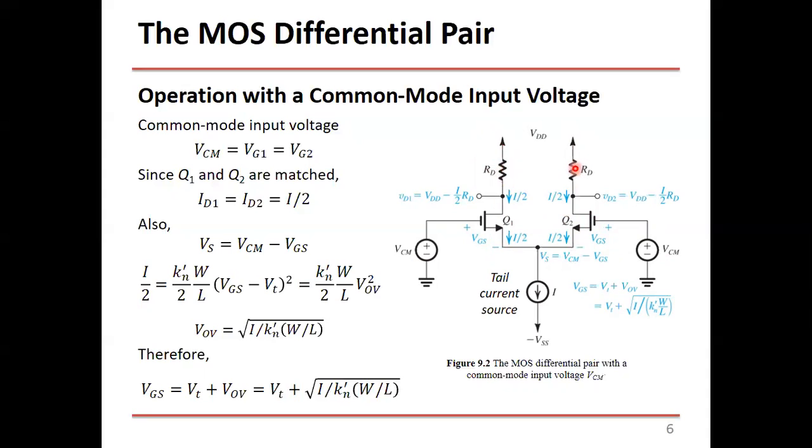Of course, this is impossible to be 100% perfect. You cannot design RD the same as RD, but since this is an integrated circuit, we can try to have them very close to each other. Also, we cannot design two matched transistors perfectly, but we will do our best, because they are fabricated at the same time on the same chip, so the possibility of having them very close to each other is higher than with discrete components.